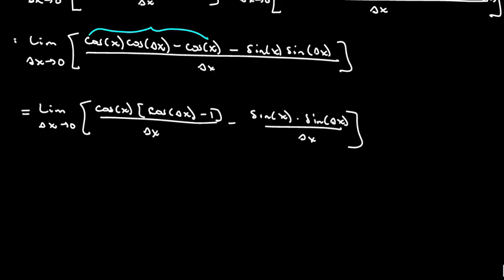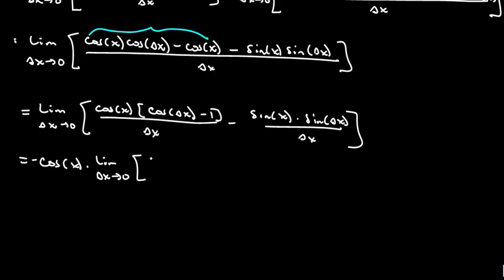Now we'll factor out a negative 1. Actually, before I do that, I'm going to factor out the cosine x, because that's not dependent on delta x. So this times the limit as delta x goes to 0. I'm also going to factor the negative out of this, just pop it out front here.